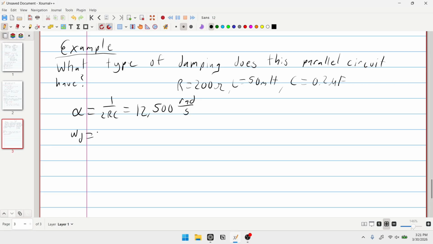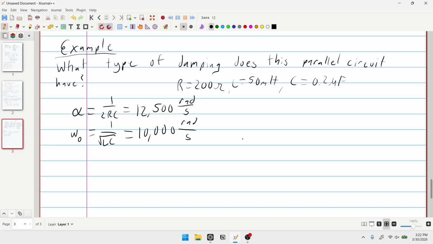And our natural frequency is 1 over the square root of LC. If you plug that into our calculator, we get that this equals 10,000 radians per second.